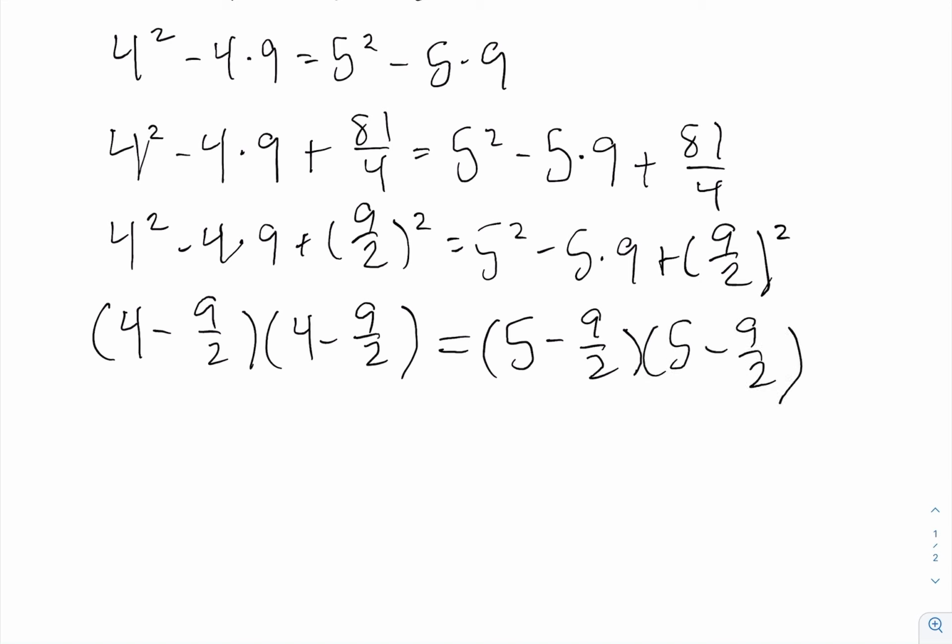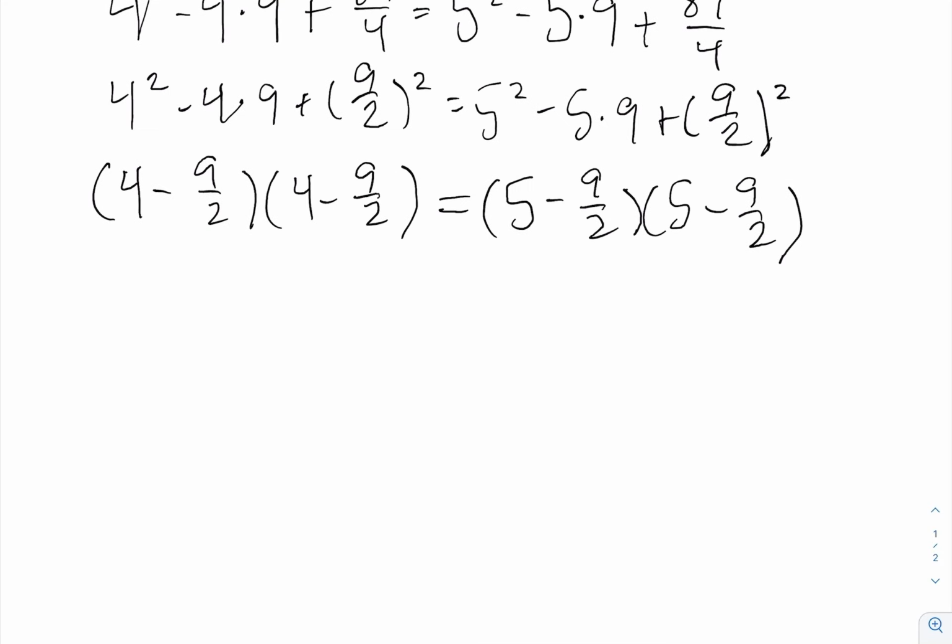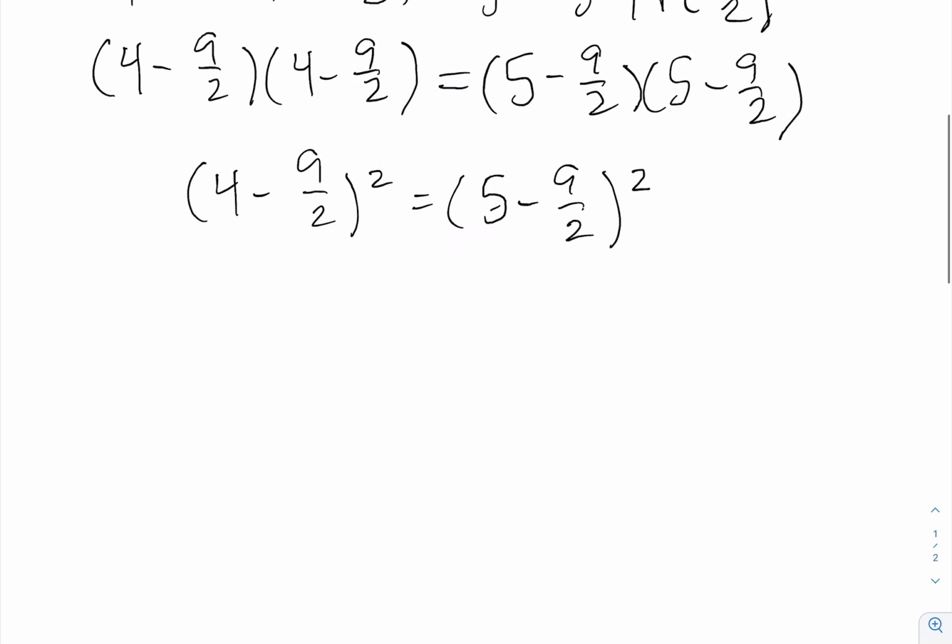And maybe you can see where this is going. Because we factored this into two brackets of the same thing, and anything times itself is just that thing squared, we can write the left side as 4 minus 9 over 2 squared equal to 5 minus 9 over 2 squared, right? And this is an equation, so if we square this argument and square that argument, there are two ways you can think of it.